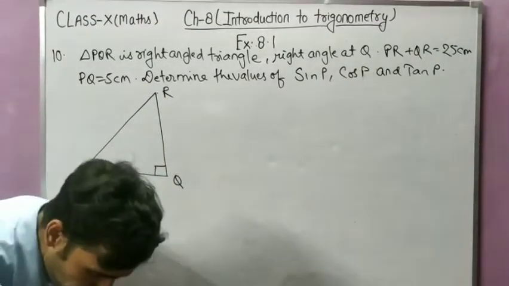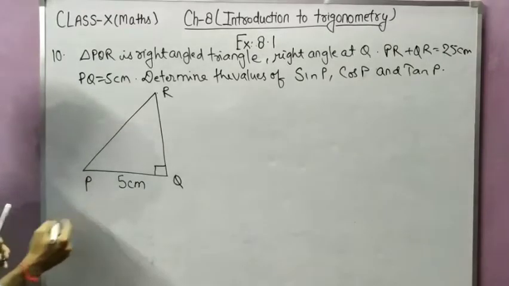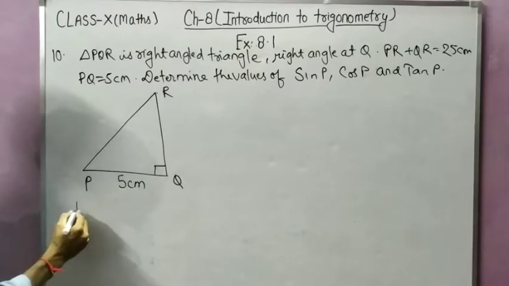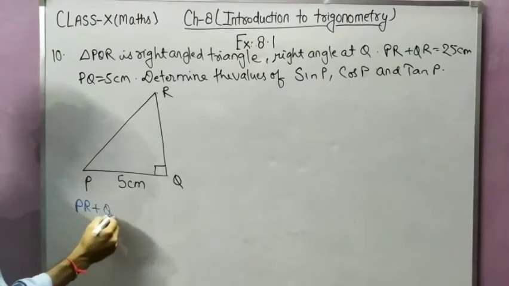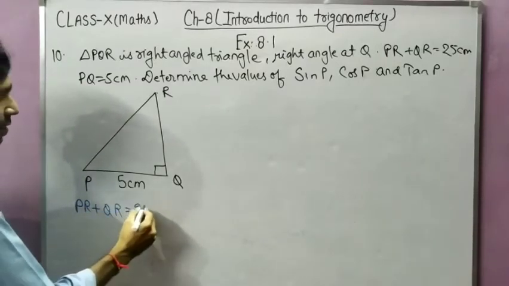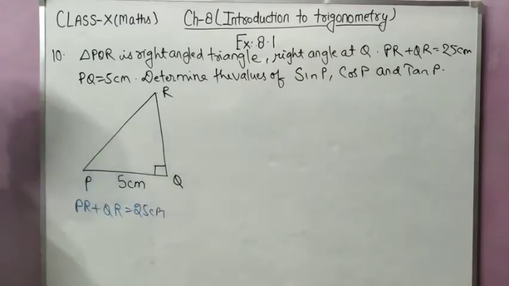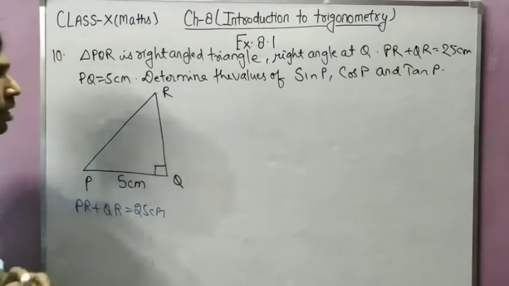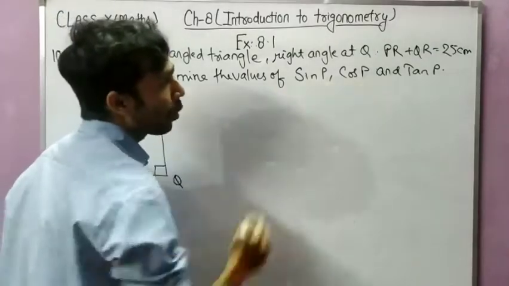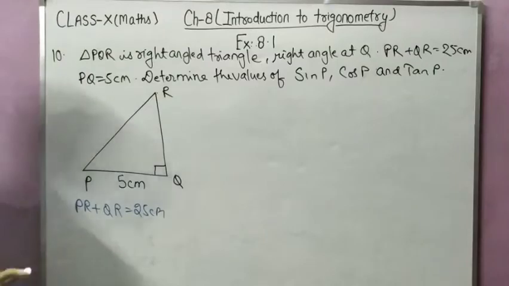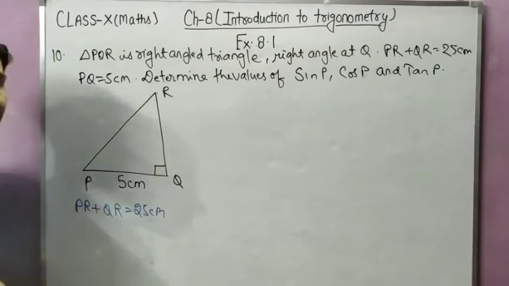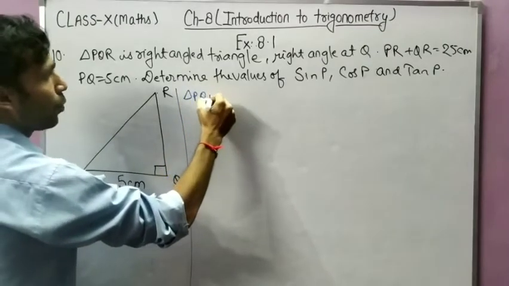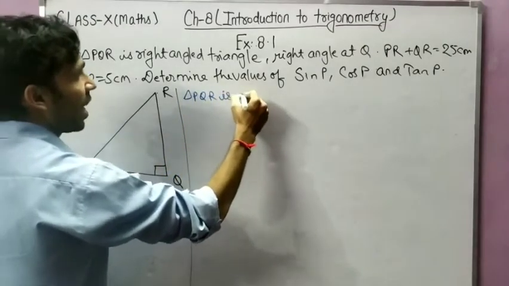So PR plus QR is 25 centimeter. So we have to find the values of sin P, cos P and tan P. Now student, you can see that triangle PQR is a right angle triangle.